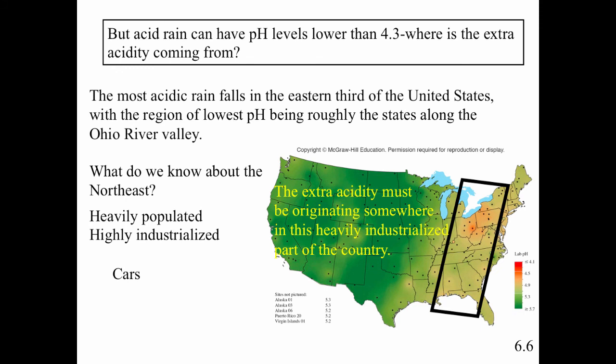We also have a lot of people with demands for electricity. In addition to that, we have these industries with high demands for electricity. And in the US, most of this electricity comes from coal-fired power plants. These two things are going to be the sources of where we're getting our extra acidity, how we're producing acid rain.